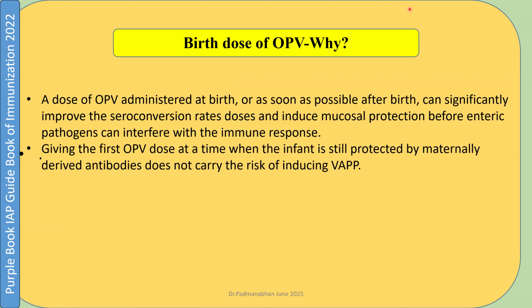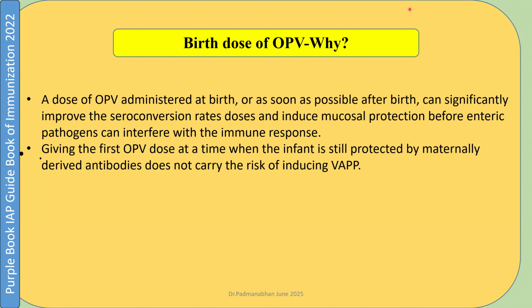This is the most important: as soon as possible. So the other enteric organisms which might multiply and compete with OPV are not there. The gut is essentially sterile. Giving the first OPV dose at a time when the infant is still protected by maternally derived antibodies does not carry the risk of inducing VAP. What is VAP?